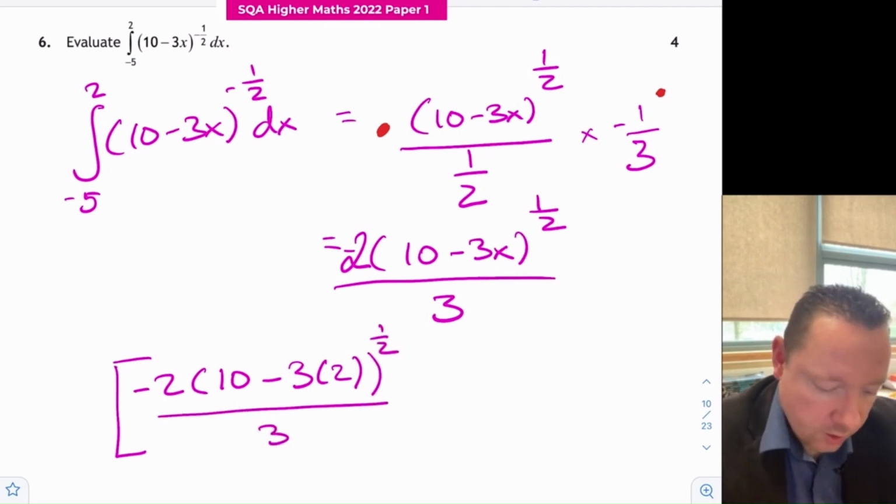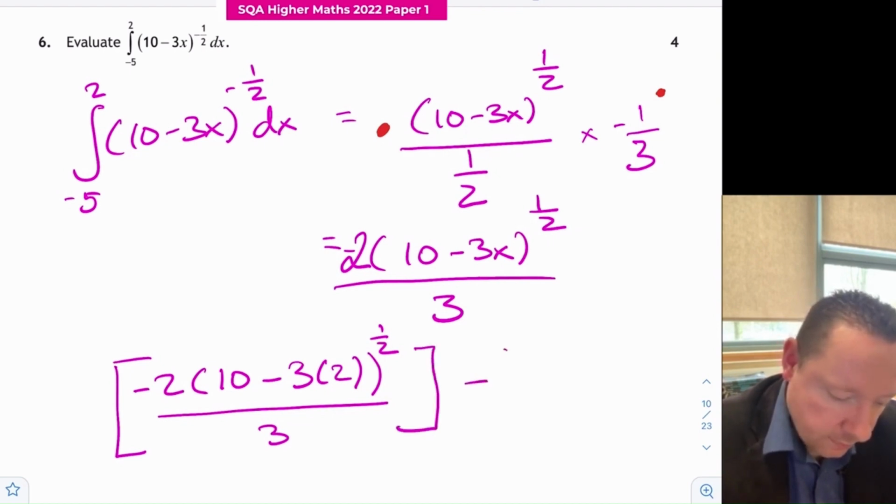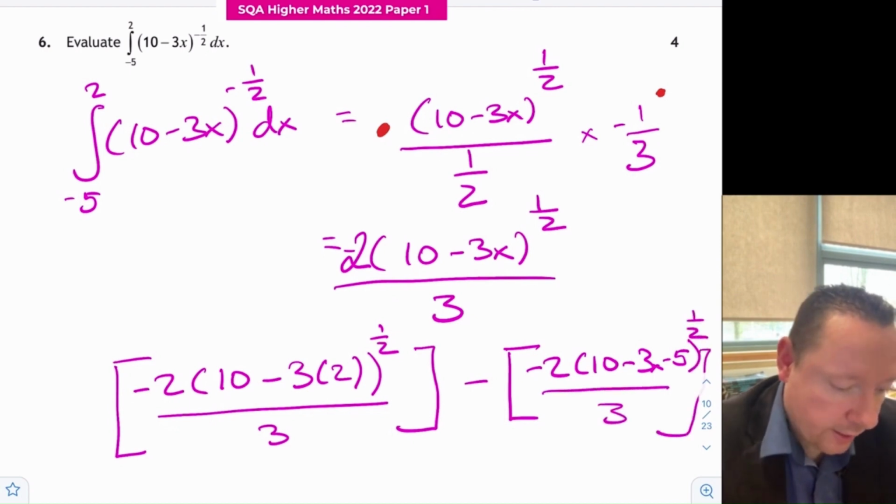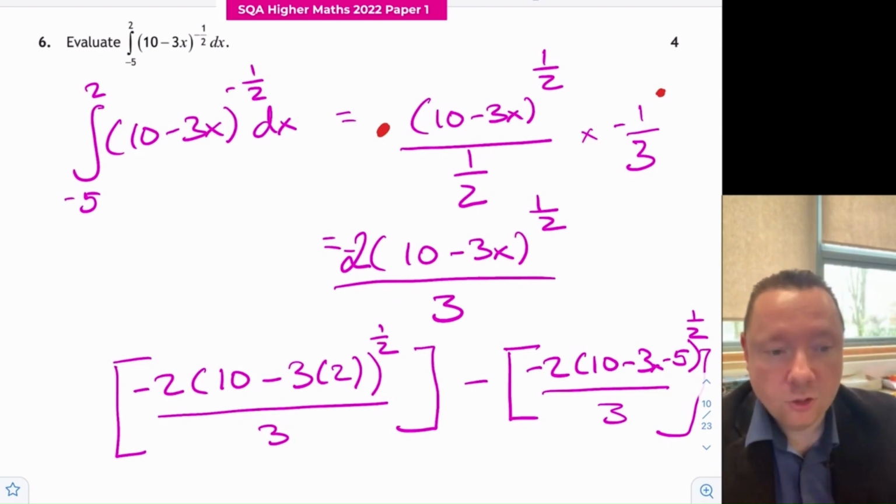There's our first limit, and that is -2, 10 minus 3 times -5 to the power of 1/2 divided by 3. So there's our 2 limits because it's between -5 and 2.